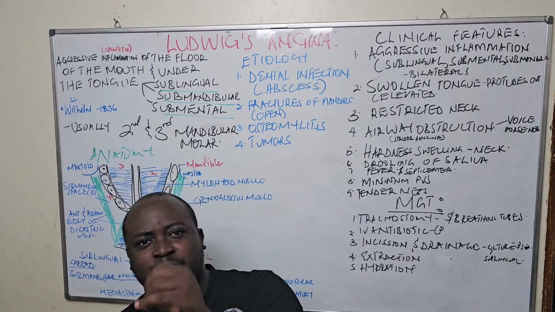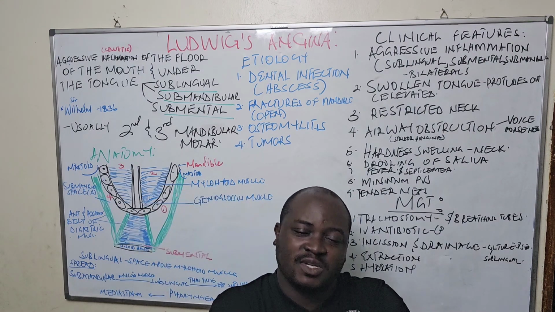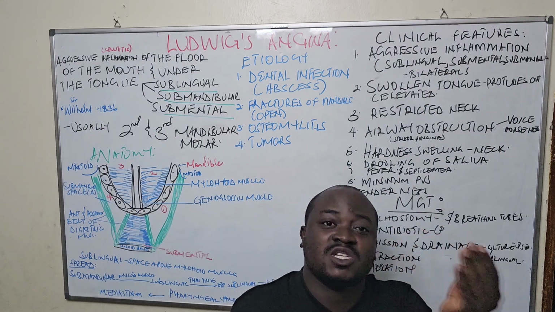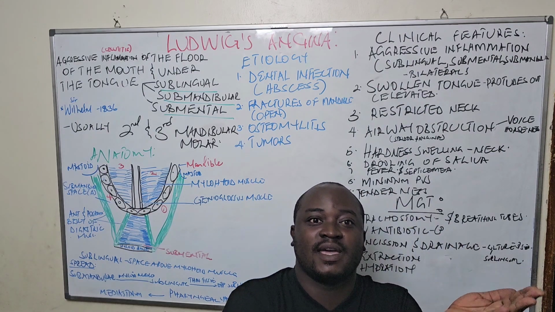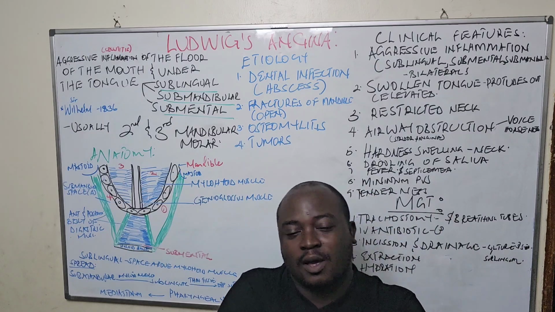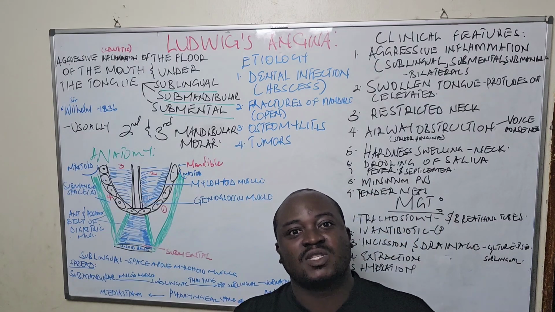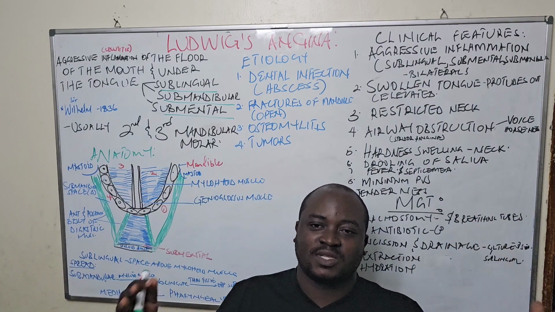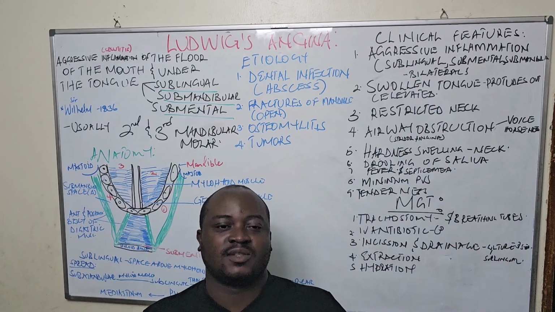But we have other types of abscesses we talked about in our previous videos. Which types of abscesses? We have gingival, where we said we do I and D. We also said we have periodontal, where we do scaling and polishing. We can do root planing and give antibiotics, as we said.